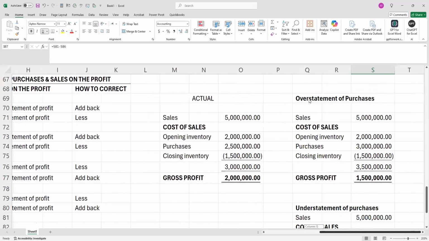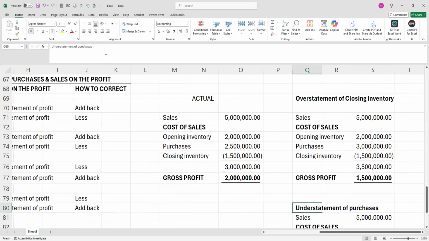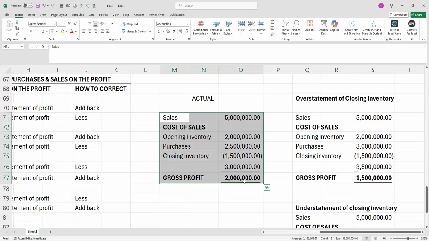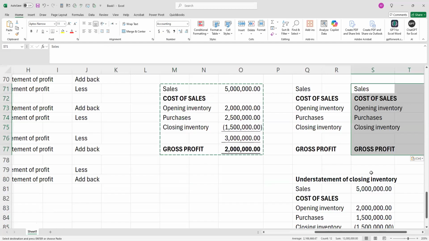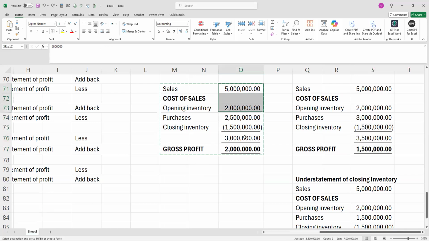The same test you can do with closing inventory. Compared to the original, this is our original set.